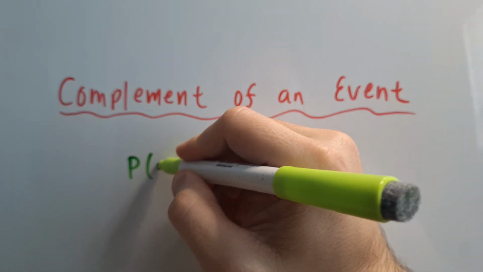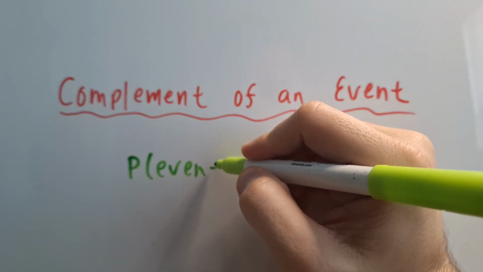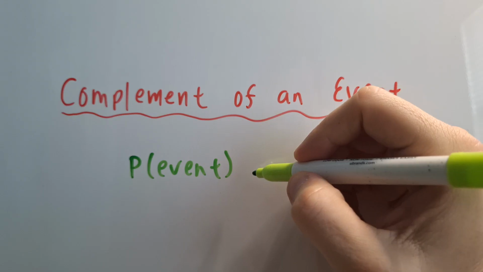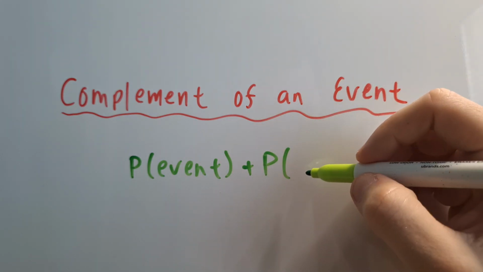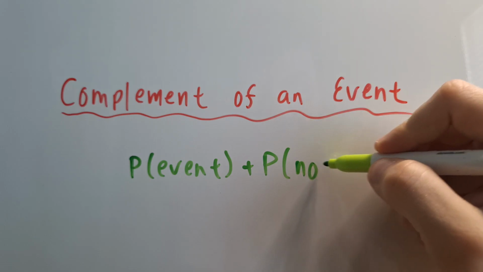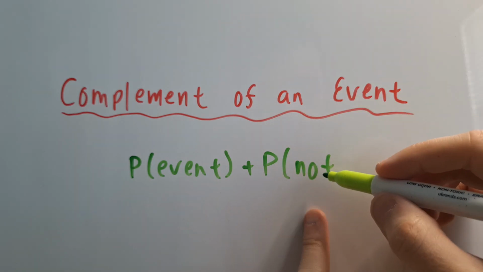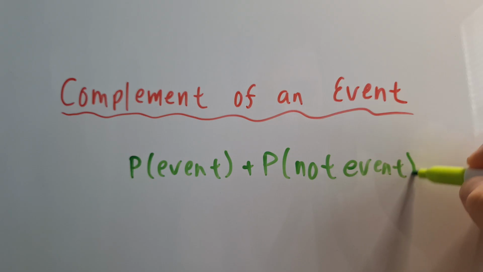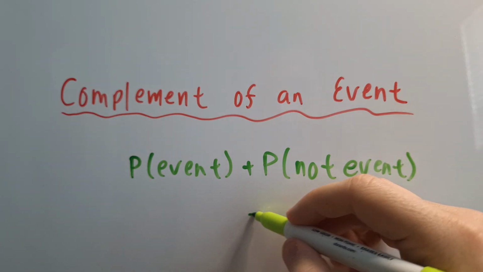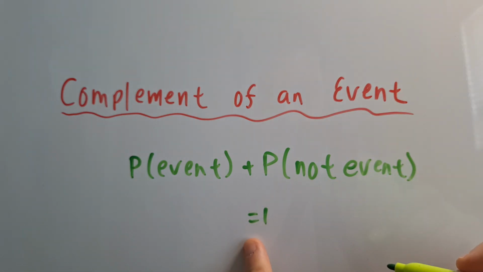So the probability of our event, whatever we're trying to do, if we add it to the probability of, let's call it not event, and not is the key word here. Adding these two events together equals 1.